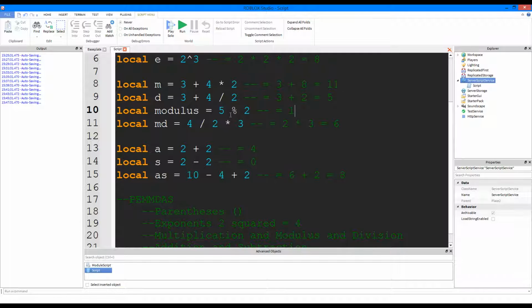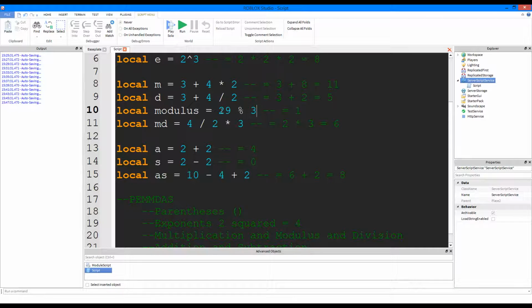If we did something a bit more drastic, and we did something like 29 modulus 3. Okay, we know 30 divided by 3 equals 10. Okay, and we know 27 divided by 3 equals 9. So that's the closest we're going to get, which is 27.